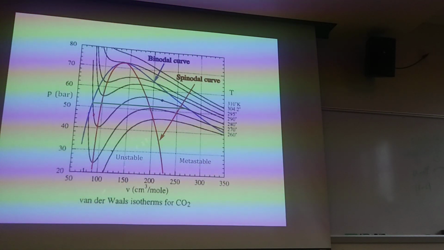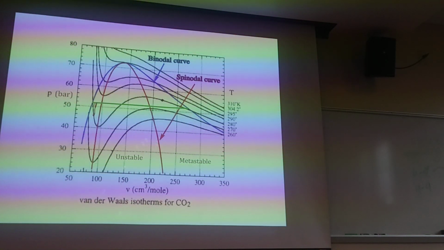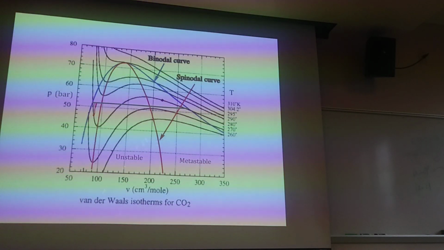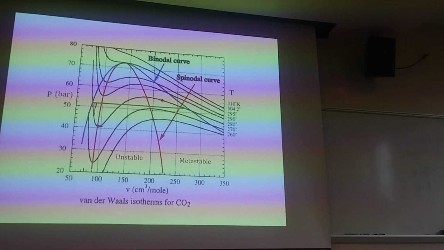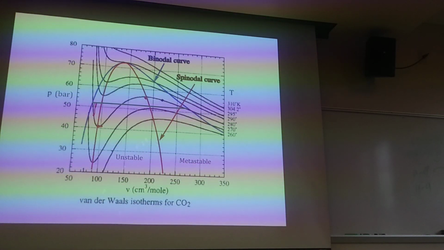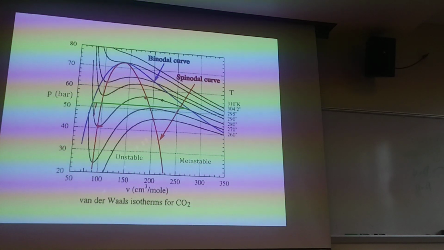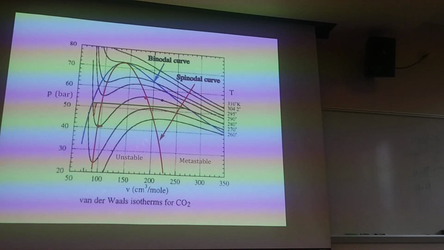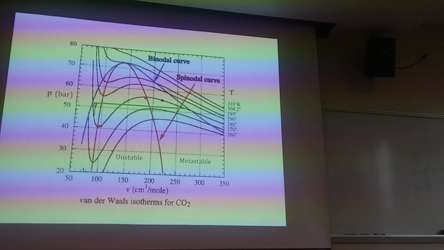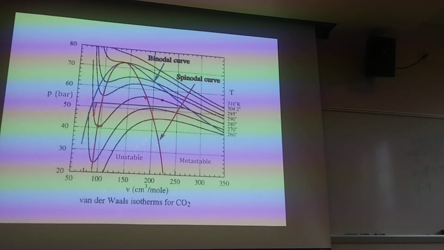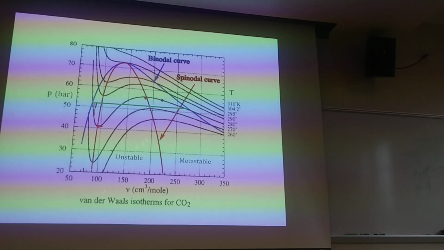But if I do, it'll decompose and go up here and then split up in accord with the lever rule. But I never expect to observe anything between here and here in the spinodal region. If I make a sudden temperature change or pressure change that puts my system into the spinodal region, it will instantaneously decompose, and we even refer to it as spinodal decomposition.